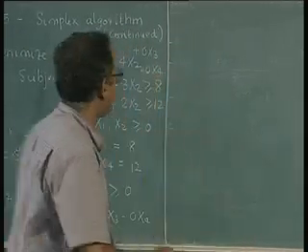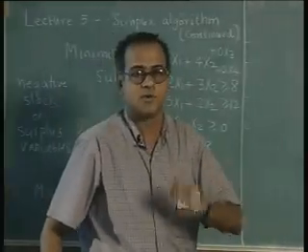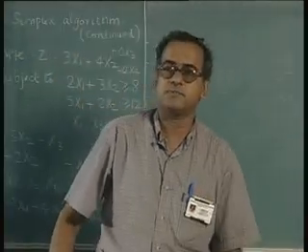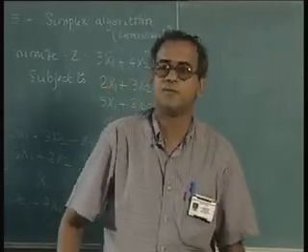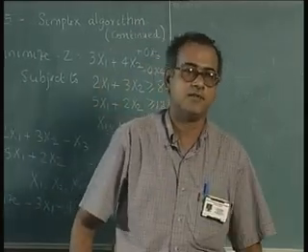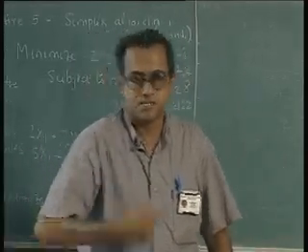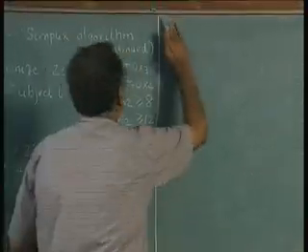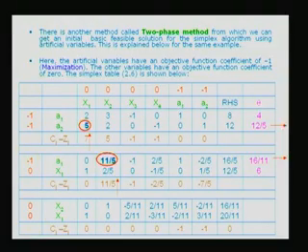Remember again, artificial variables were introduced because we wanted an initial basic feasible solution. So at the end of the first phase, when the artificial variables leave, we will have a basic feasible solution without any artificial variable. From that point onwards, we can carry on with the simplex and solve. So let us explain the two-phase method with the same example that we had.